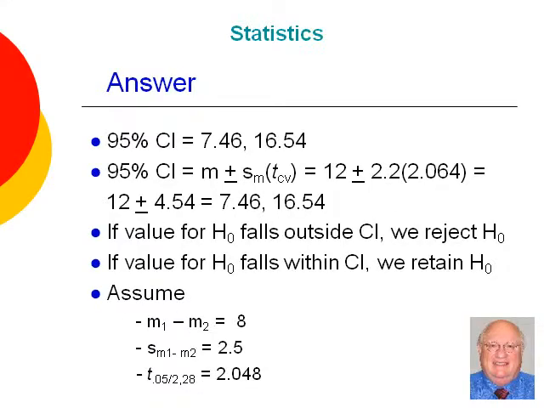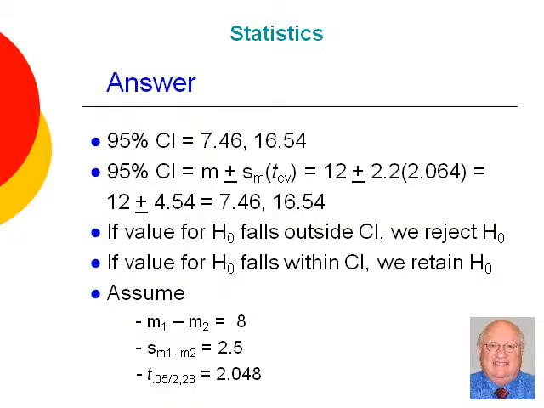The 95% confidence interval is computed by taking the statistic of interest, here the sample mean, and we then add and subtract the product of the standard error of the sample mean and the critical value.